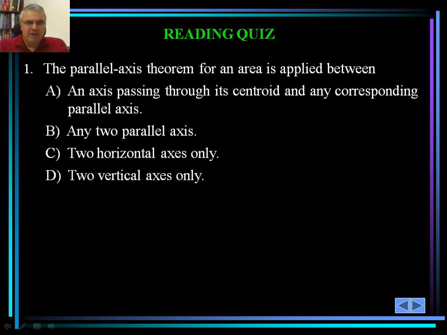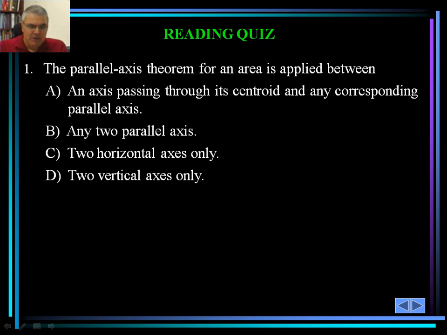I assume you guys read the appropriate chapters under the topic from the book. Number one, the parallel axis theorem for an area is applied between, there are four choices here, A, B, C, and D. You would like to pick the best choice: an axis passing through its centroid and any corresponding parallel axis, any two parallel axes, two horizontal axes only, and two vertical axes only.